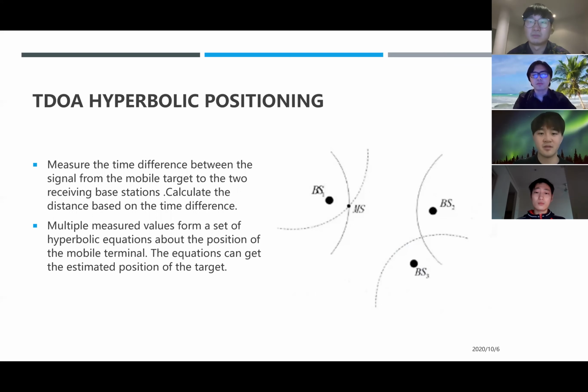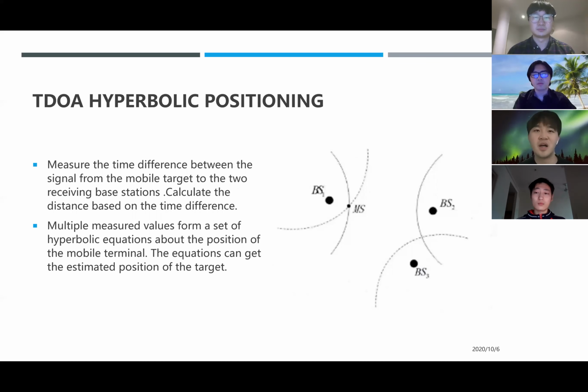Another way is using TDOA hyperbolic positioning. This method is used to measure the time difference between the signal from the mobile target to the 2 base stations. As we can see in the figure, we can draw a hyperbola based on the distance difference between BS1 and BS2.